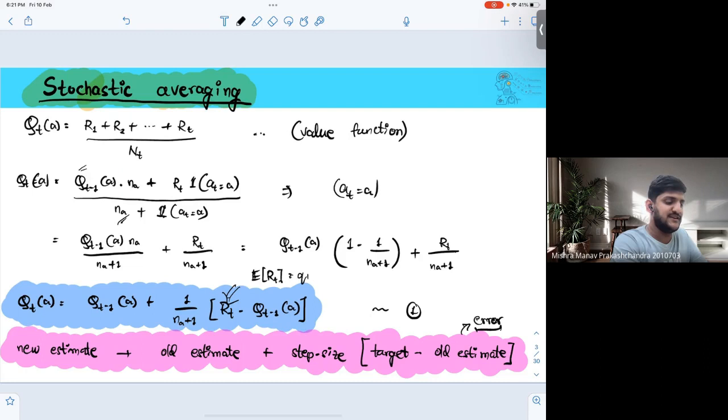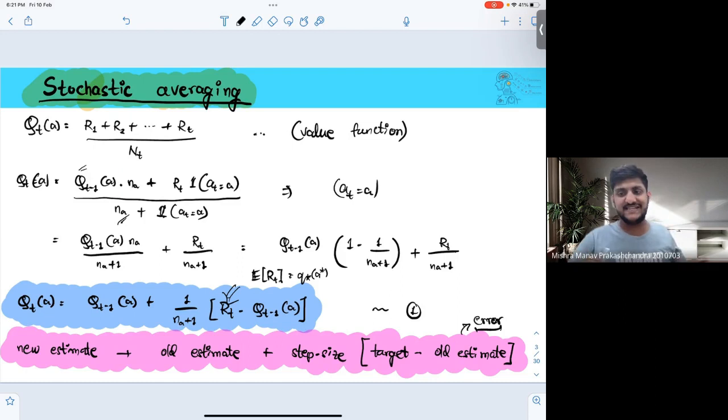It's nothing but my Q star, right? Q star A star. So this is actually my true value. But instead of the expectation of RT, I'm drawing a sample from the reward distribution, and based on that, I'm making an update. So there is a bit of stochasticity involved in this case. That's why we call this method stochastic averaging.